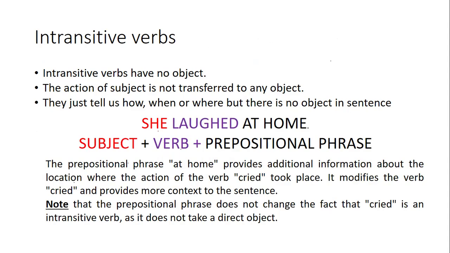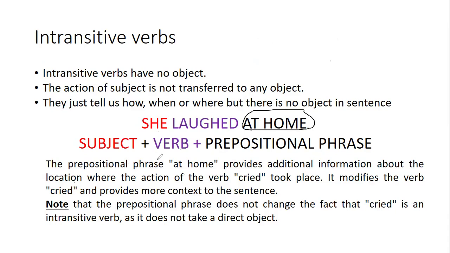Now actually, a prepositional phrase is there. She laughed at home. So we have seen at is the preposition and at home is the prepositional phrase. We have seen it in our previous videos, right? So the prepositional phrase at home provides additional information about the location. She laughed where?